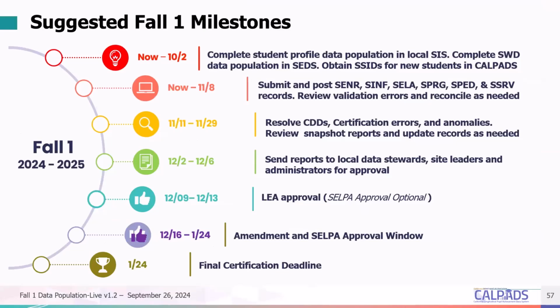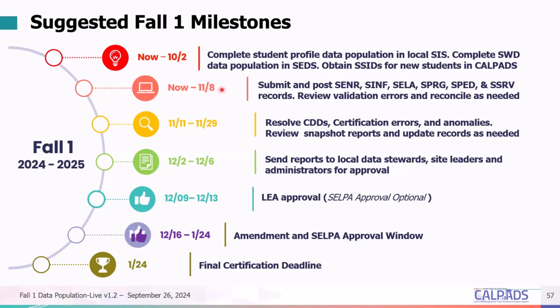These are our Fall 1 milestones. From now until Census Day next Wednesday, you should be completing student profile data population in the student information system. And also from now through November 8th, you should be submitting records and doing data population in CALPADS.